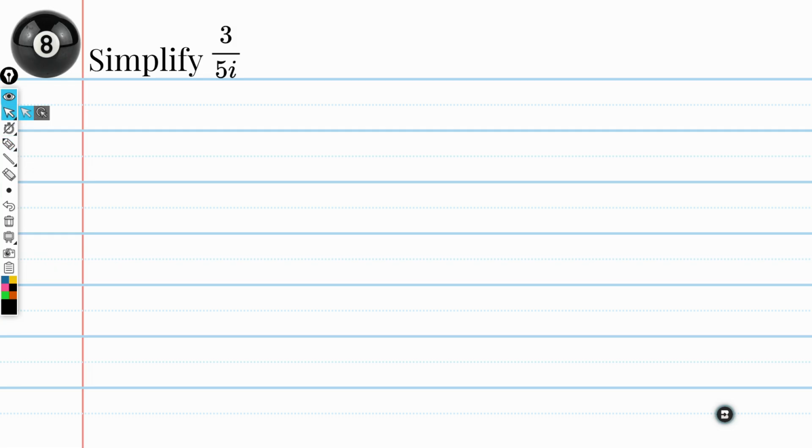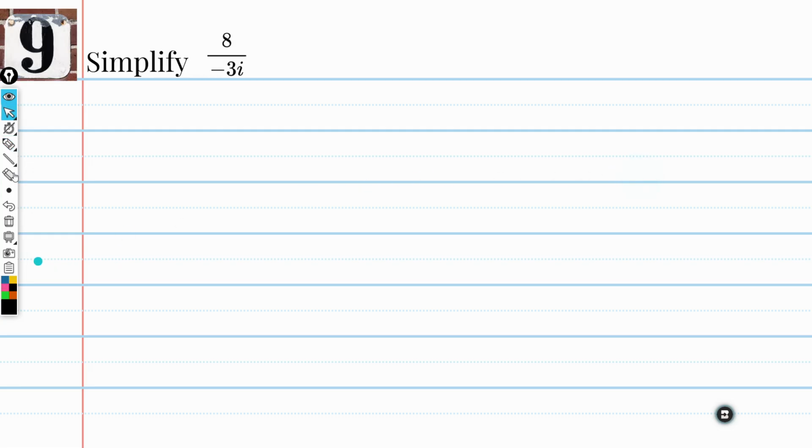Let's do one more similar to this. And so again, we're going to multiply by the conjugate of the denominator. So that's a positive 3i over 3i. 8 times 3 is 24i.